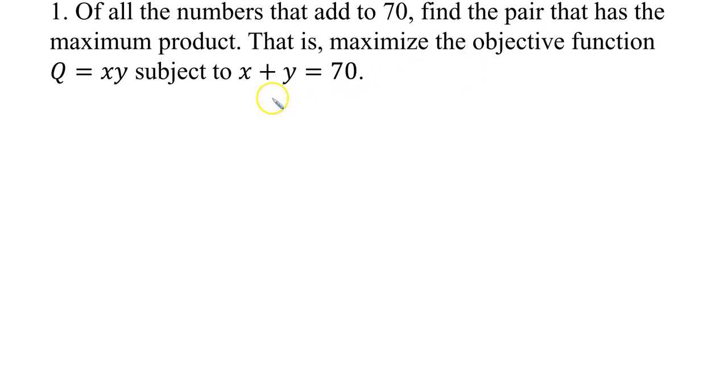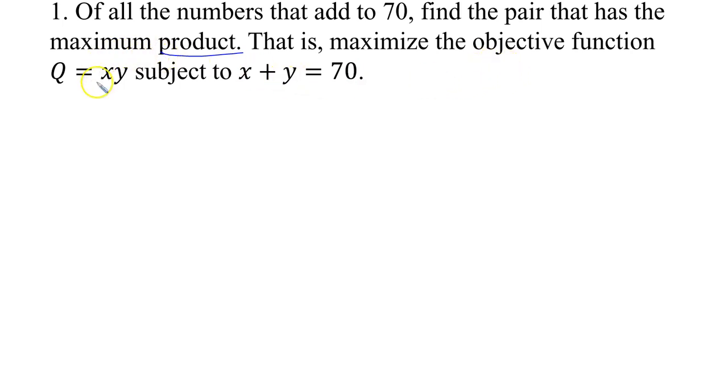So the objective function is what we're trying to maximize, because when we want to maximize the product, that tells us that our function Q is going to be x times y. We also know that the numbers add to 70, so we have our two numbers x and y whose sum is 70. So obviously our two variables are x and y.